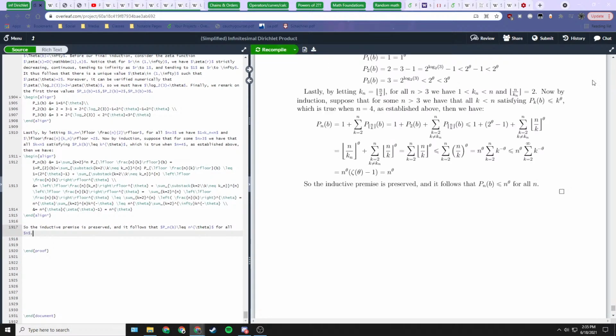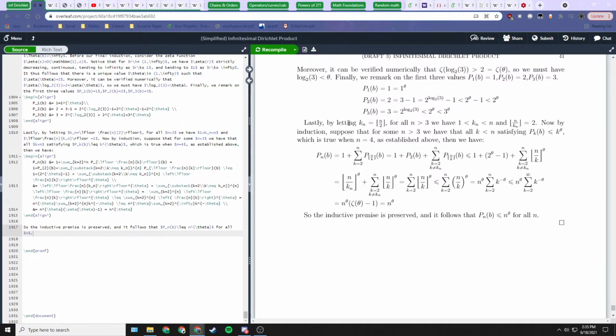Essentially we just use this trick. Because we have this floor of n over k, especially if k is in the region around about half of n, most of the terms, especially when k is large, are going to be around 1 or 2. So we just pick out one of the terms from the sum for which the floor of this fraction is 2, which there's actually a lot of, but we're just picking this one.